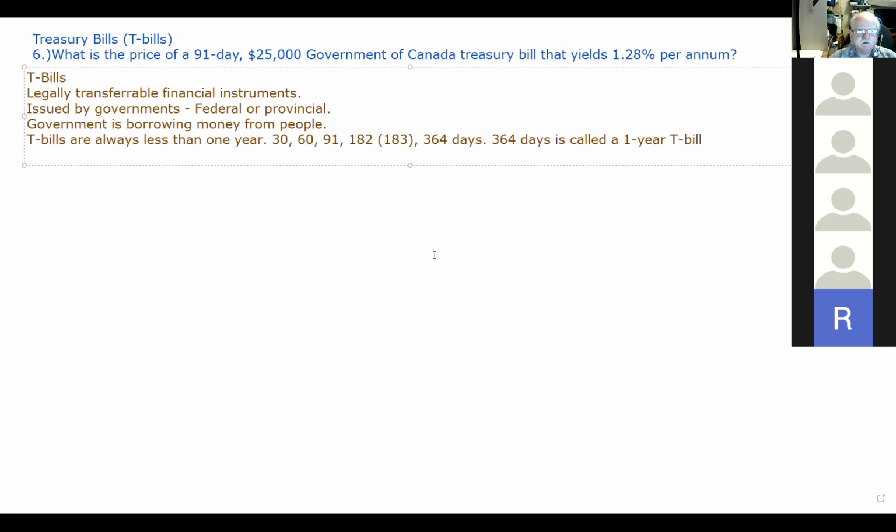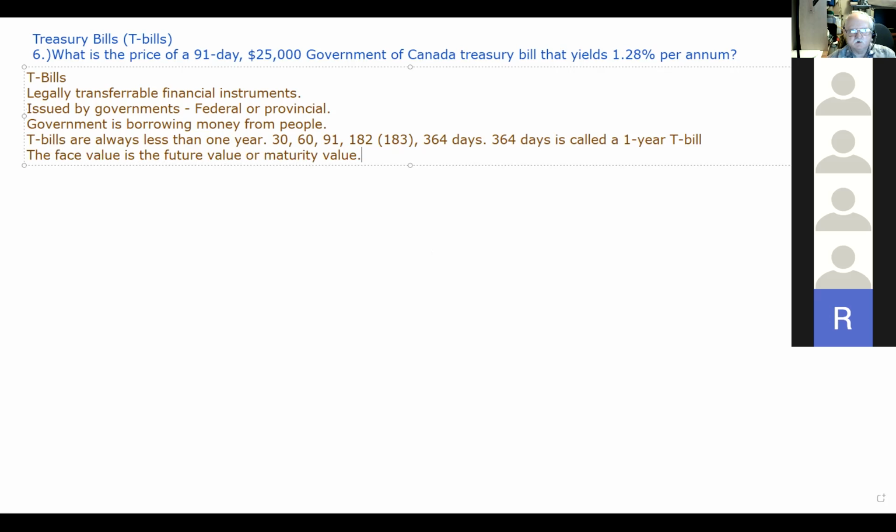So the next thing you have to understand about a T-bill is that what they call the face value is the future value. That takes a little bit of getting used to, because when they talk about the face value of a promissory note, they're talking about the present value.